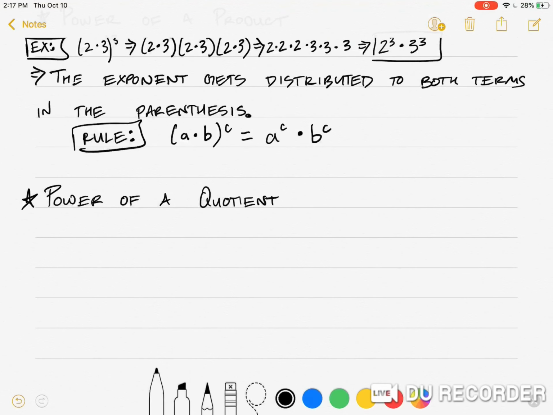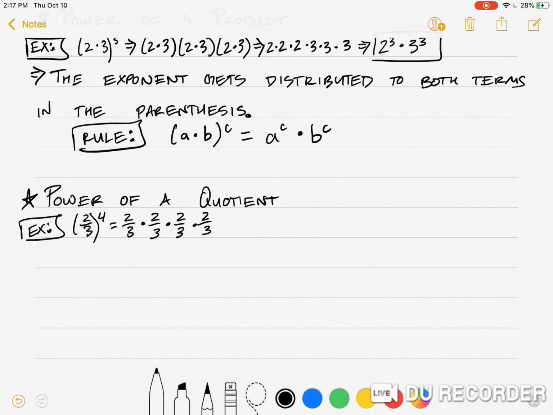Power of a quotient rule. And the example I'm going to give you for this one is 2 divided by 3 to the 4th power. And that turns out to be 2 over 3 times 2 over 3 times 2 over 3 times 2 over 3.